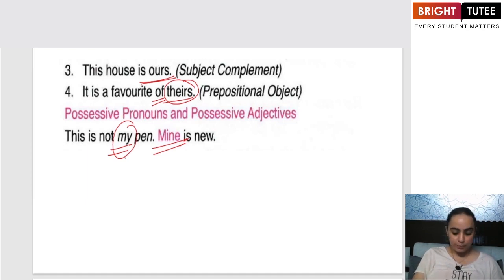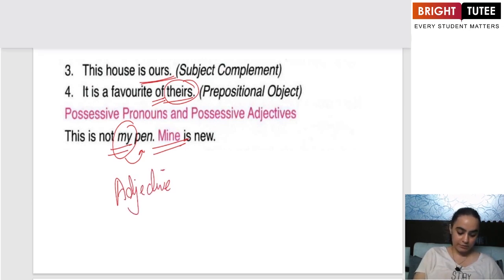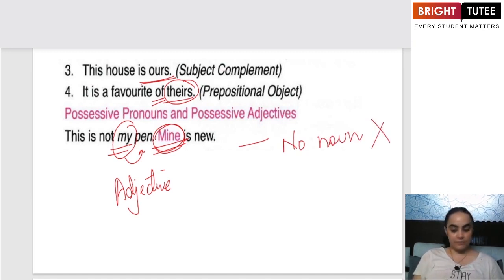Here, the pronoun is used before the noun. This is describing the noun that it is used for, and therefore it is an adjective. And here in this sentence, there is no noun near the pronoun. And when there is no noun, it is a pronoun.